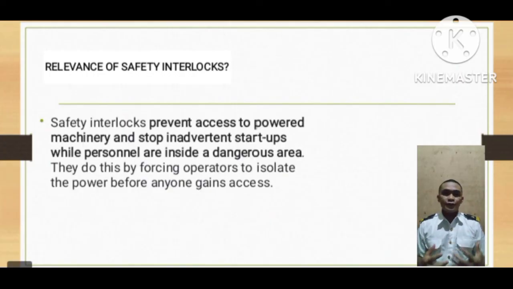Safety interlocks prevent access to powered machinery and stop inadvertent startups while personnel are inside the dangerous area. This ensures safety. They do this by forcing operators to isolate the power before anyone gains access. There are interlocks installed so that the engine can only be started or reversed once specific requirements have been met.